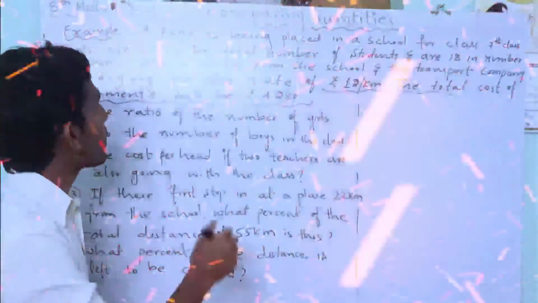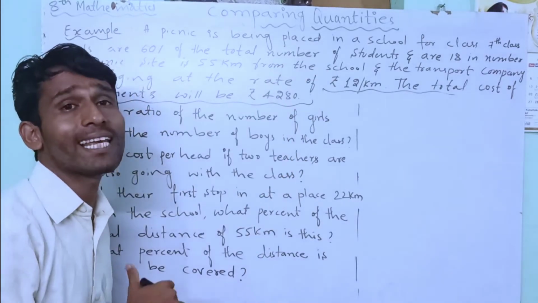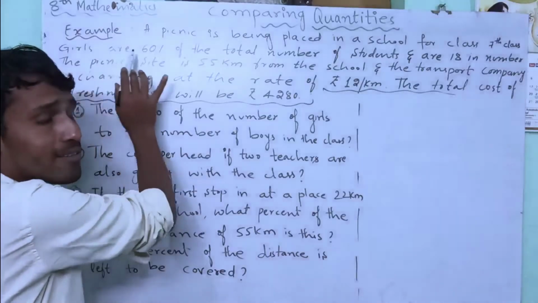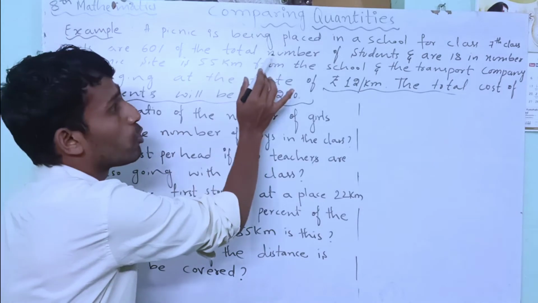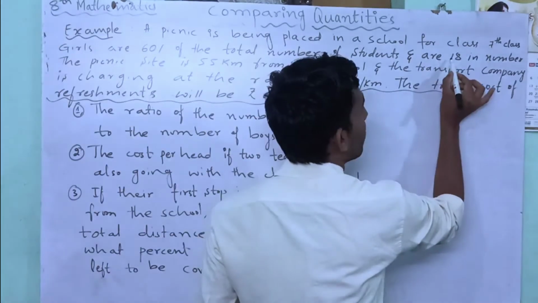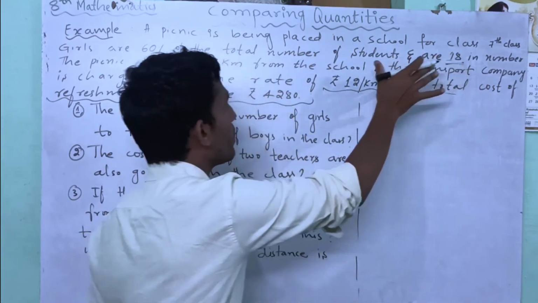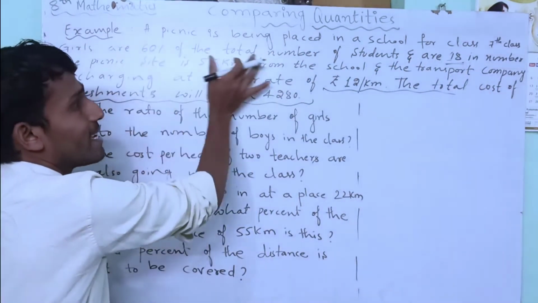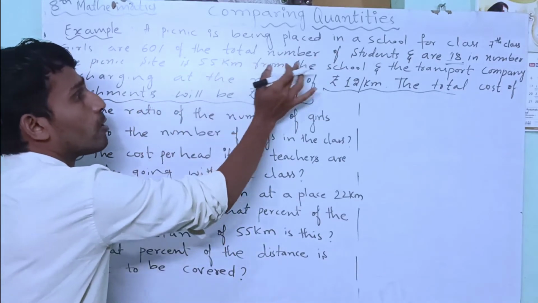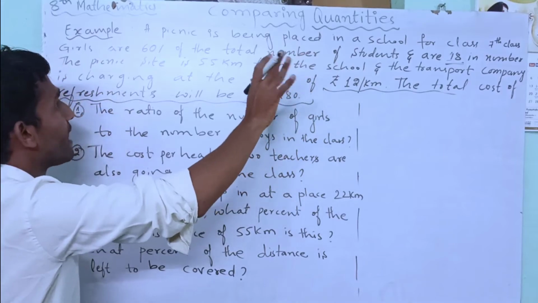Okay. Let us see an example here. A picnic is being planned in a school for class 7th. Girls are 60% of the total number of students, or 18 in number. See, the number of girls is 18, but in percentage it is 60% of the total number of students.